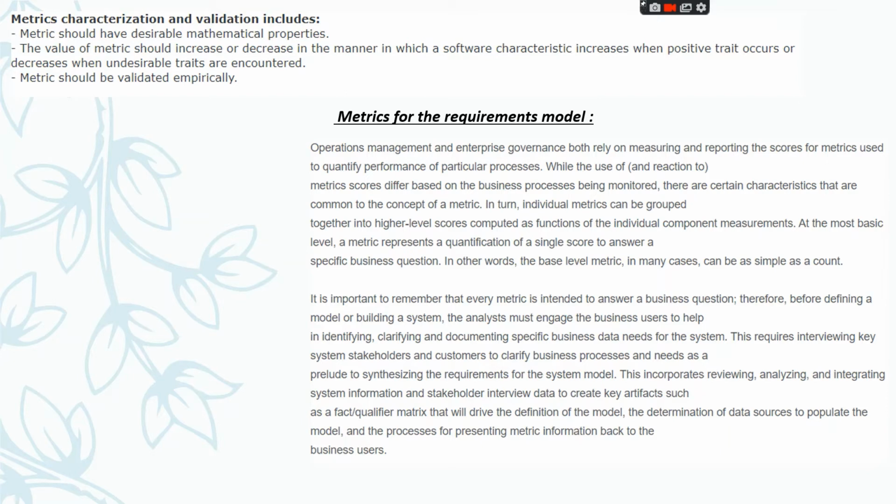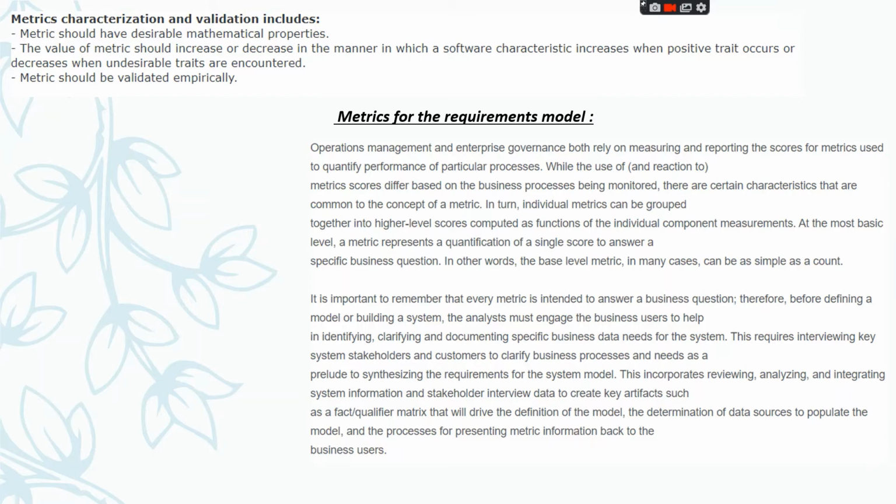And in turn, the individual metrics can be grouped together into high level scores computed as functions of the individual component measurements. At the most basic level, a metric represents a quantification of a single score to answer a specific business question, which means that the basic level of metric can be as simple as a count.